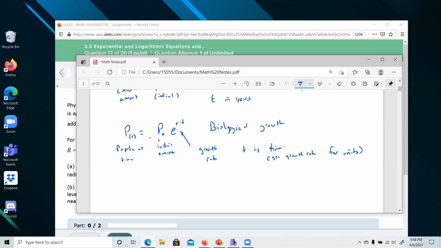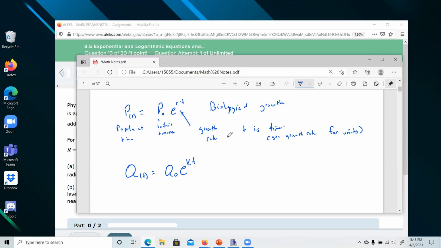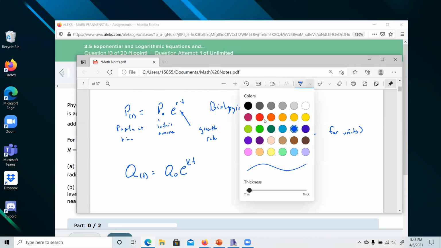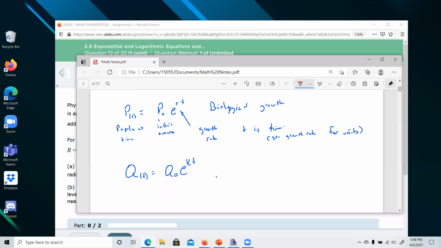All right, and then the last one we have is radioactive decay. Your book uses Q, so Q of t is equal to Q sub 0 e to the kt. Your book does this, and I don't agree because it messes up with my pattern. The book explicitly puts a negative sign there. I know my k is going to be less than 0 when I work this, because it's a decay rate rather than a growth rate.